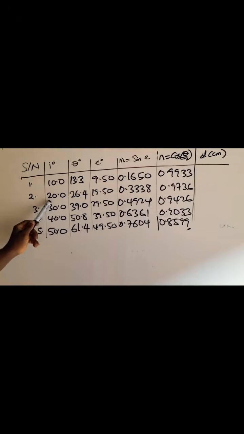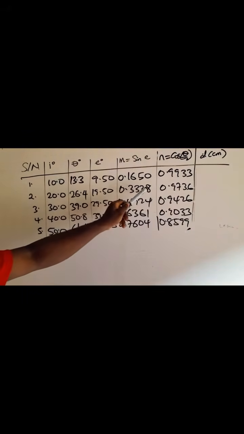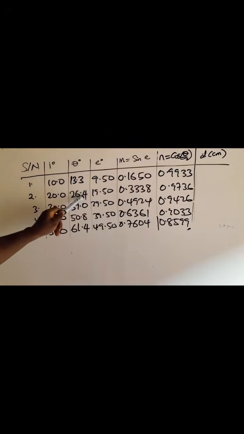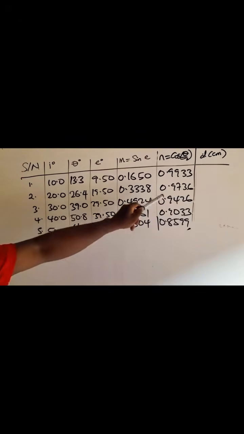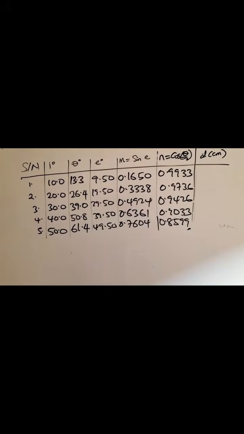When I is 20 degrees, theta is 26.4, emergence 19.50, sine of 19.50 is 0.3338. Then cos theta over 2, remember that theta is 26.4 here, that is 13.2, gives us 0.9736. When I is 30 degrees, theta is 39 degrees, emergence 29.50, sine 29.50 is 0.4924.